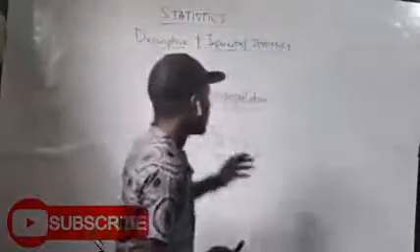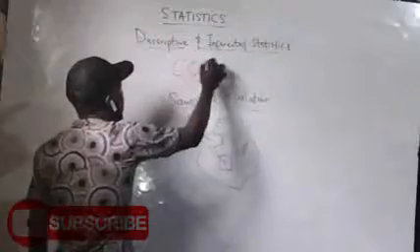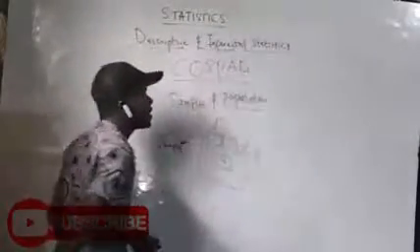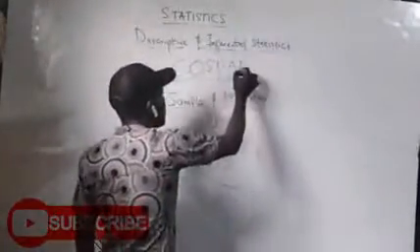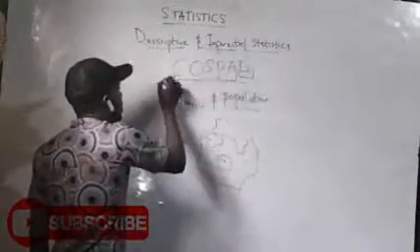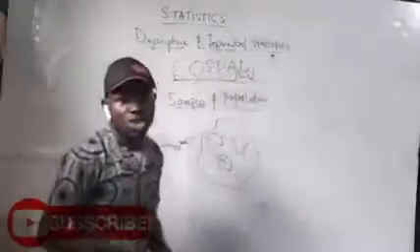Why inferential? Let me make reference to our last video where I clumped the whole definition of statistics into the term called COSPAD. Now, you remember I said that this last part is very, very important. Now, if I call the first 5 descriptive, then this D is suitable to be called the inferential statistics.